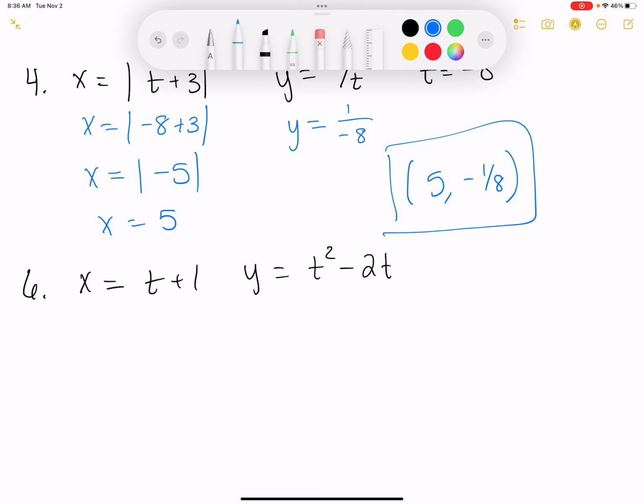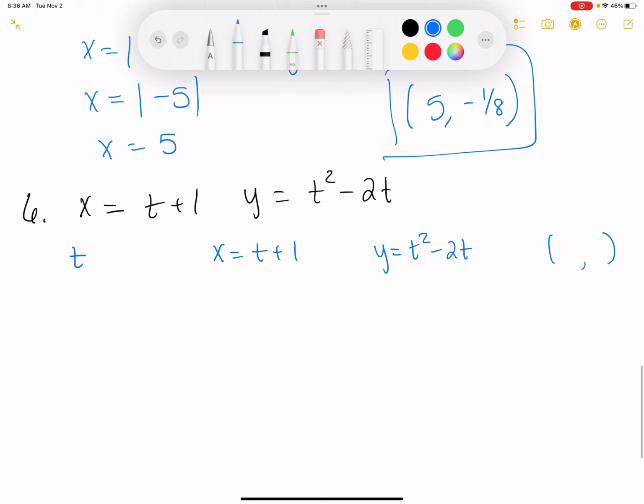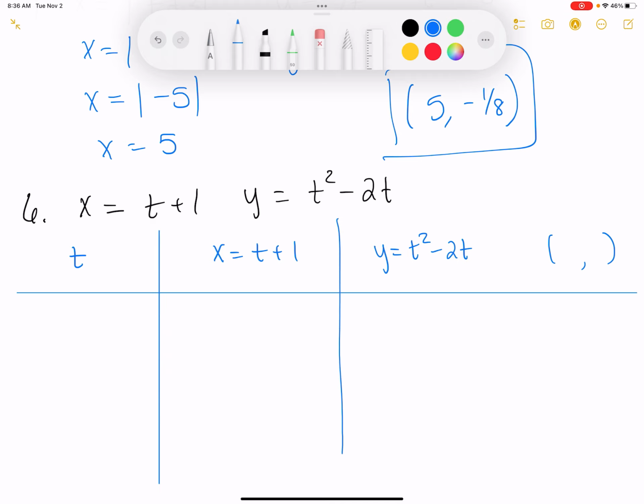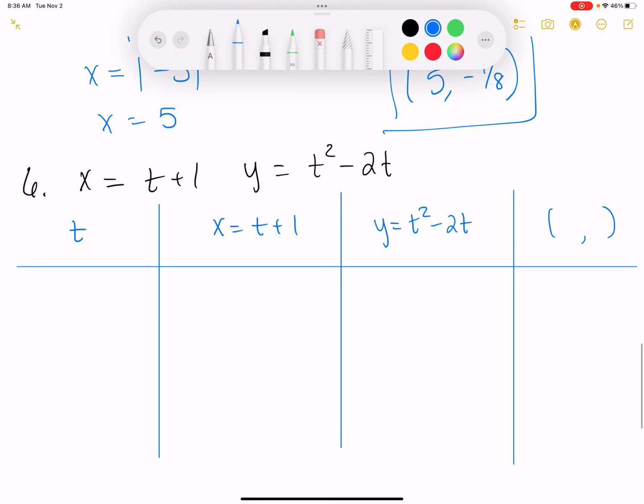So what you're going to do is make columns for t, x equals t plus 1, y equals t squared minus 2t, and then whatever the xy pair is, for negative 3, negative 2, negative 1, 0, 1, 2, and 3.